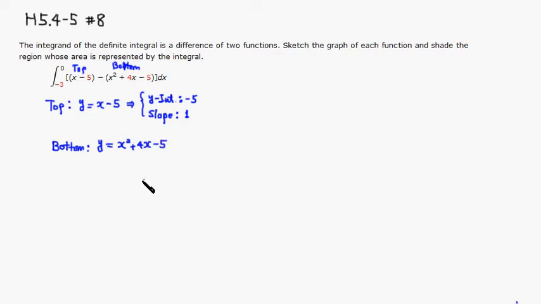We need a vertex to sketch the graph, so I'm going to complete the square. So x squared plus 4x, putting -5 at the end, giving some room. The third term we need would be 1/2 of 4, which is 2 squared. We need 4, so add 4, then subtract 4.